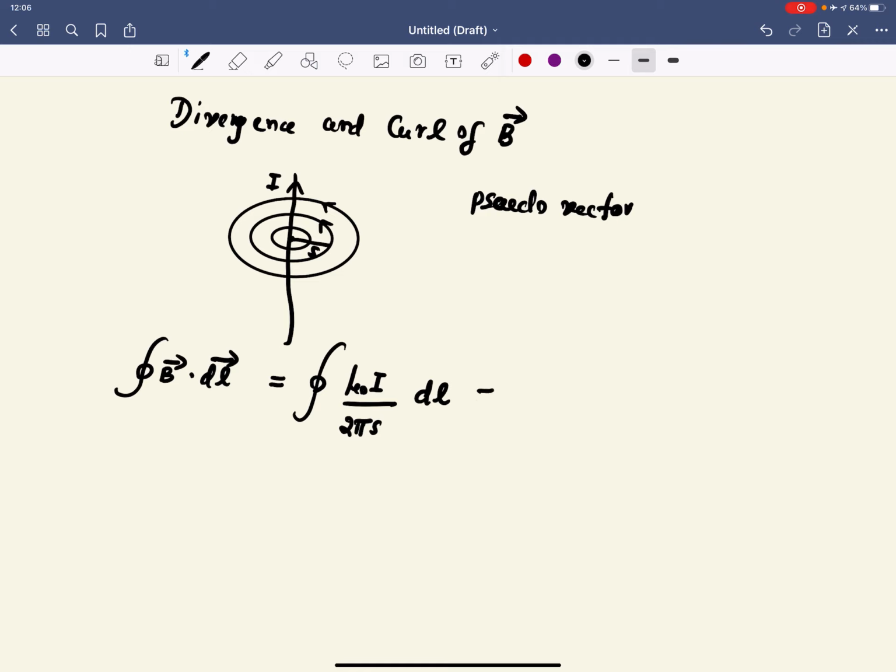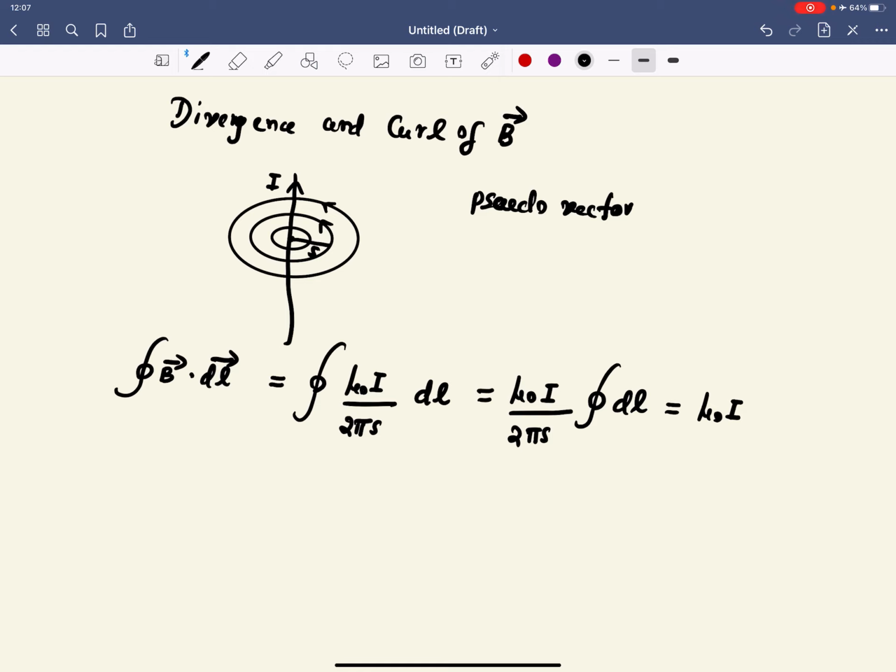And because these are all constants, you can take mu 0 I divided by 2 pi s out of the integral. The closed integral of dl is actually the perimeter of the circle, which is equal to 2 pi s. So therefore this is going to be mu 0 I, okay.